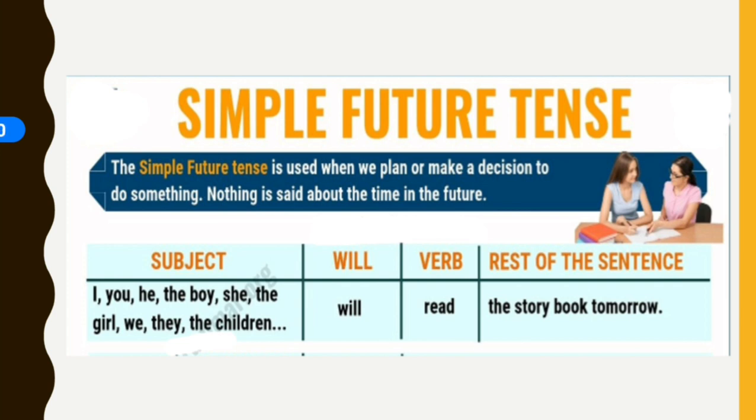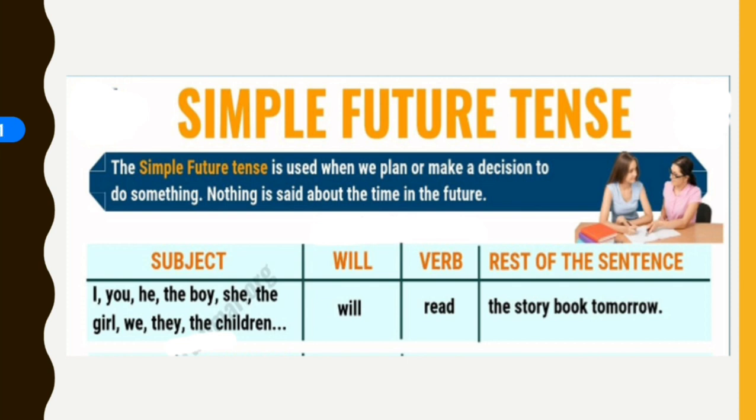So it may be today evening, maybe tonight, maybe tomorrow, or next week, next month, next year. All these are references of time in future. Or nothing can also be said about the time in future. We can generally say that I will do this work. So nothing is said about the time when I will do this work. That is again in simple future tense.